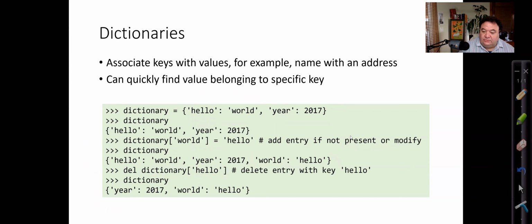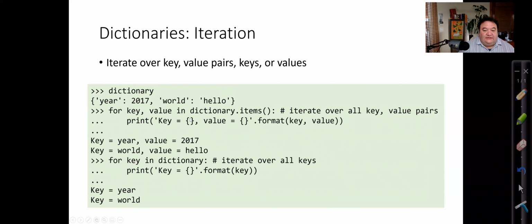So obviously we can do this type of management, adding and removing elements, but a dictionary can also be used to iterate across elements. Here it's a for loop where we have key and value. You have two variables that get assigned at the same time, and you iterate across the items of the dictionary itself.